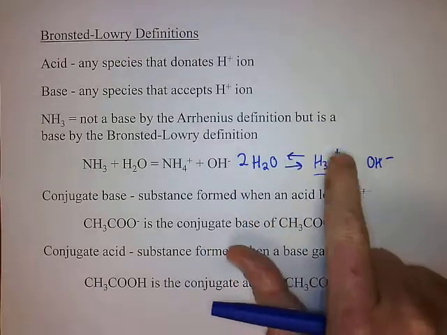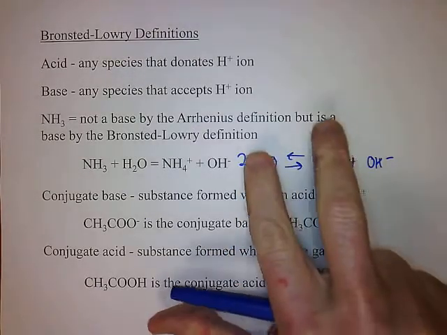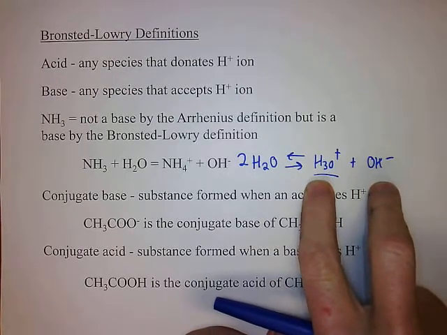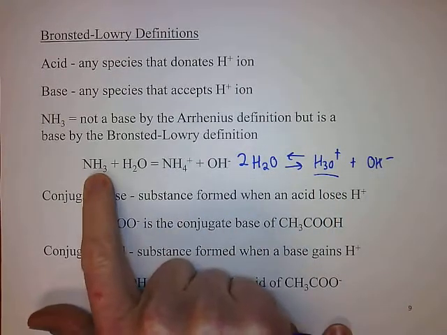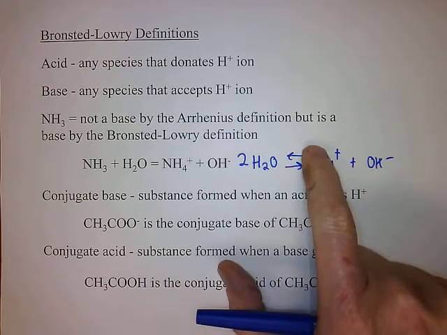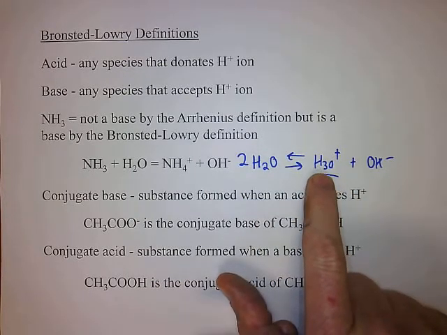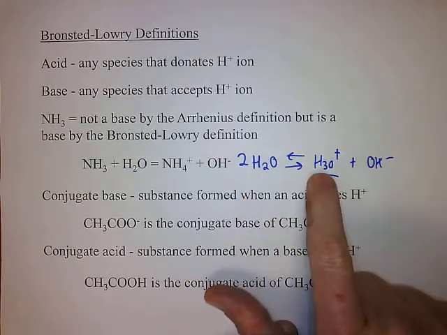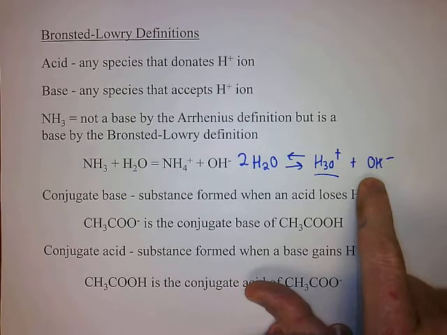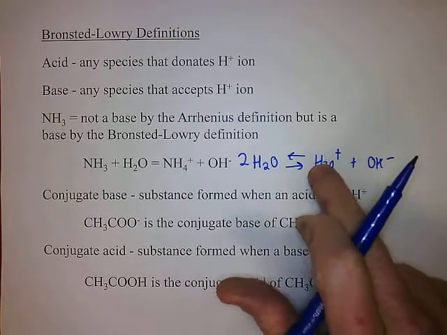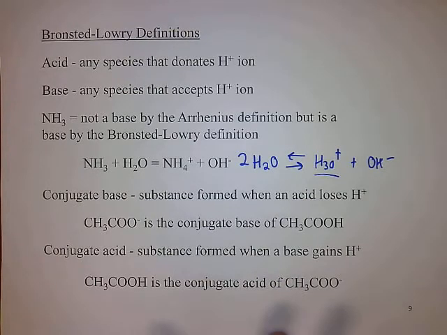When we started out with the neutral solution, these two were the same. Now we add ammonia. The ammonia starts removing hydronium. The reaction shifts to the right to take out the hydronium, but shifting to the right produces hydronium and hydroxide. So now the concentration of hydroxide is going to be greater than that of the hydronium.